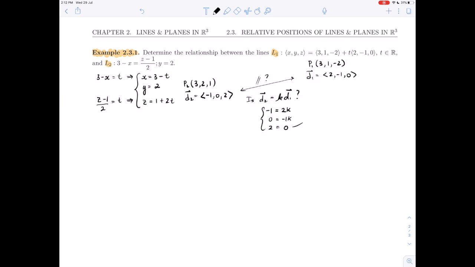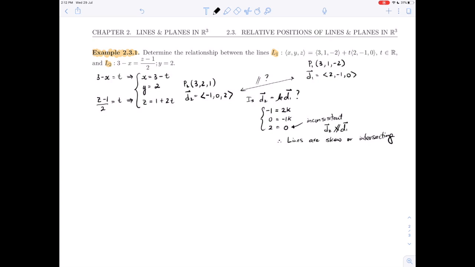Without going any further, we can see right away that that is not true. We have an inconsistent system, and therefore those two vectors are not parallel, which tells us we are not dealing with parallel or coincident lines. Our lines must be either skew or intersecting.